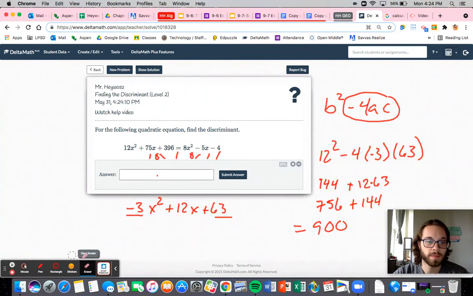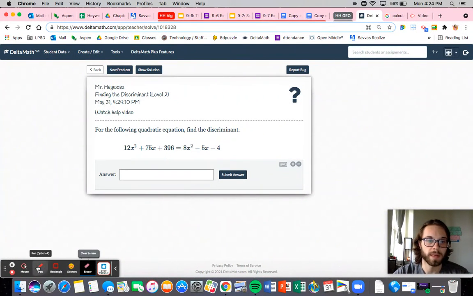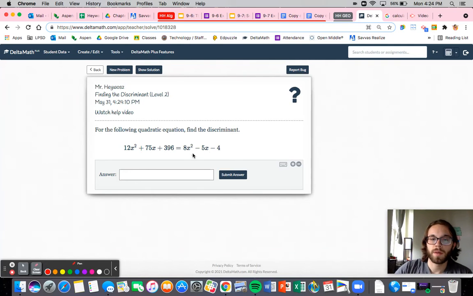All right, so let's do this one. Again, let's subtract 8x squared plus 5x plus 4 from both sides. So that would give me 4x squared plus 80x plus 400.